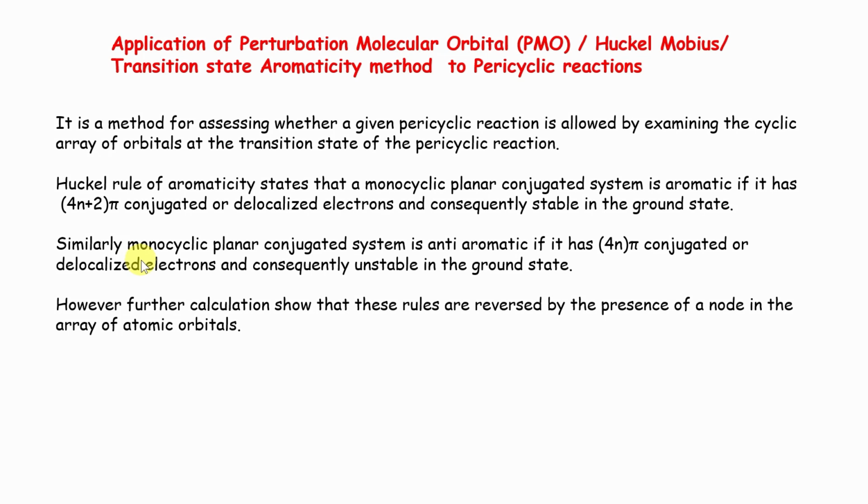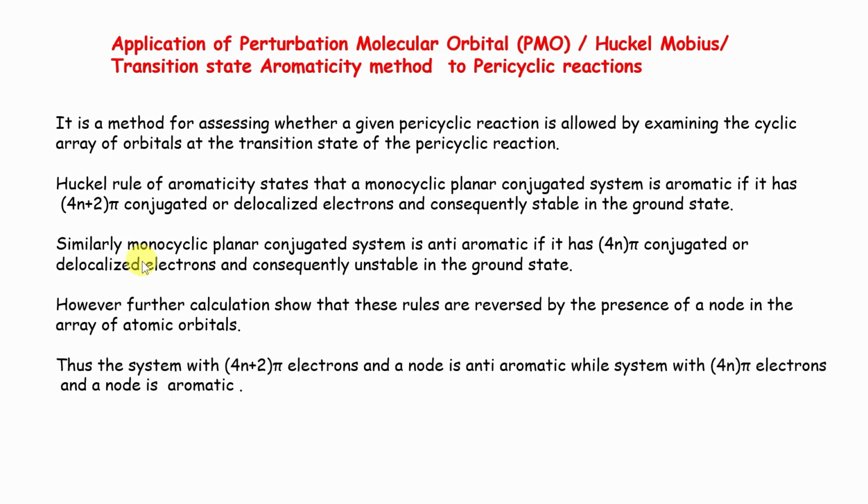Further calculation shows that Huckel's rule will be reversed by the presence of a node in the array of atomic orbitals. For example, a system with 4n plus 2 pi electrons and a node will be anti-aromatic by the presence of this node, while the system with 4n pi electrons will be aromatic if the system has a node.